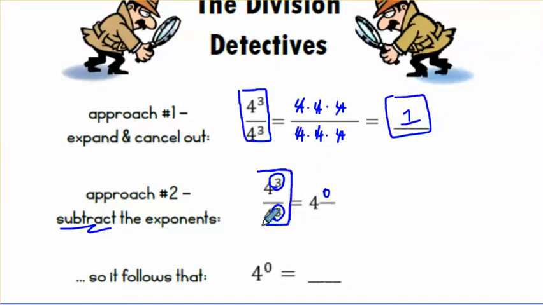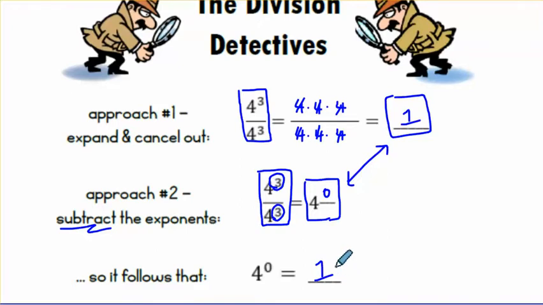And 4 cubed divided by 4 cubed is the same thing as 4 to the 0 power. So it follows that these two are the same thing. 4 to the 0 power is 1. So that is law number 3. Any term raised to the 0 power is 1.